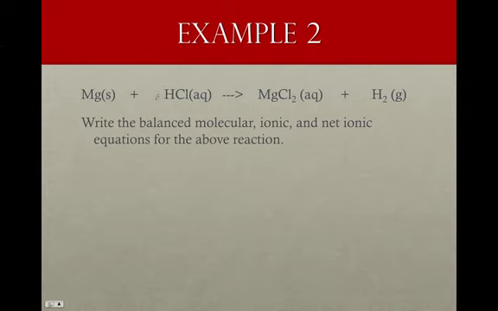And then on our reactant side we have 1 H here and 2 H's on our product side. So we need 2 hydrogens there. And then on our chlorines, we now have 2 chlorines and 2 chlorines. So we're balanced for the molecular. So this is our molecular right here.